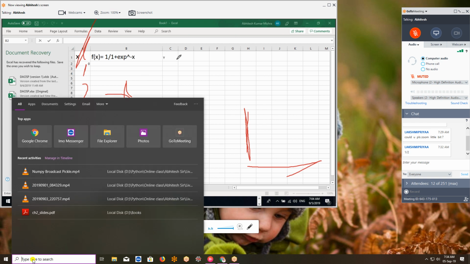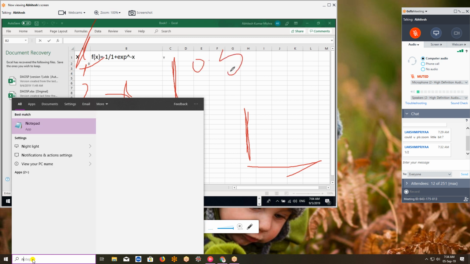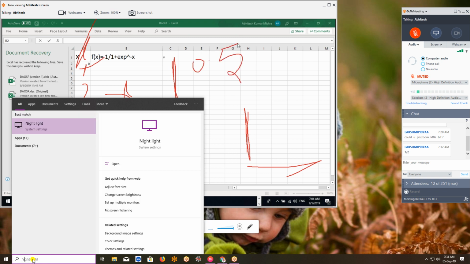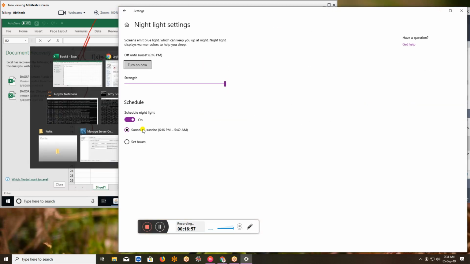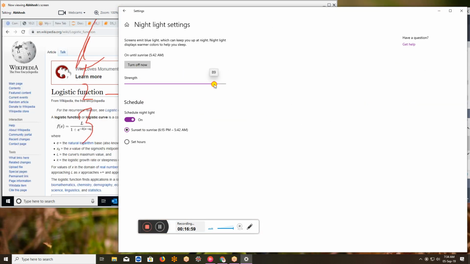On the basis of that, y will be here. Let's suppose I put 0, so y will be 0.5. Same thing you can see in this curve. When you put 0 on the x-axis, the value of y is 0.5.